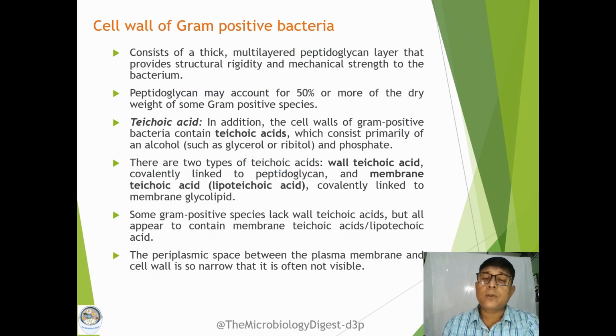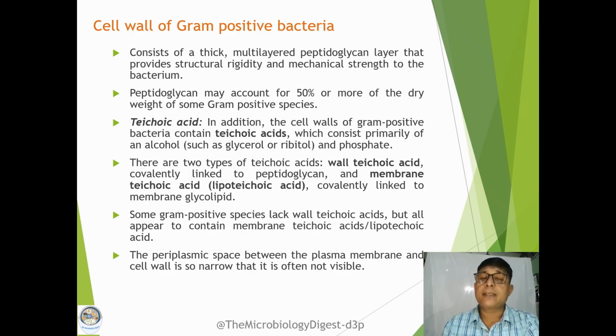Now, based on the cell wall structure, as we have discussed in our staining discussions, two distinct groups have been identified. One group is called gram-positive organisms, the other gram-negative organisms. This distinction between gram-positive and gram-negative is based on the cell wall structure of the organism.